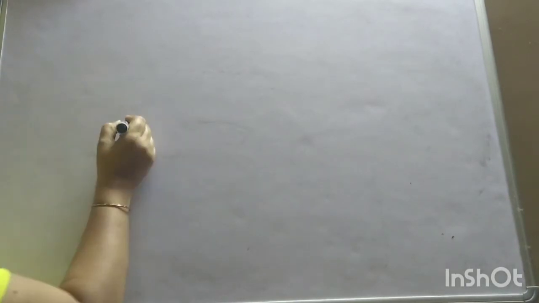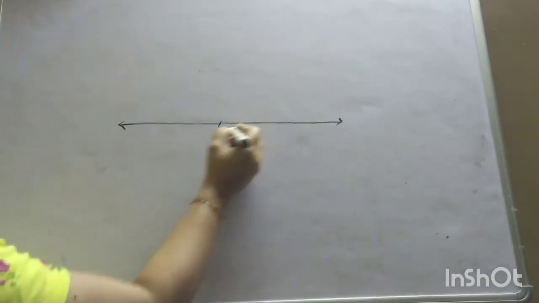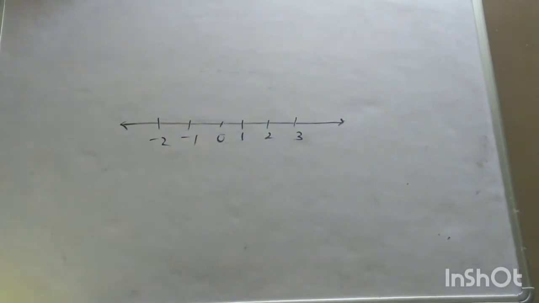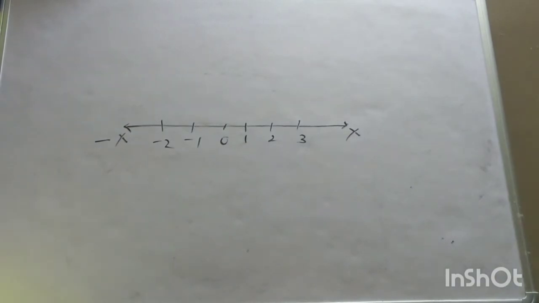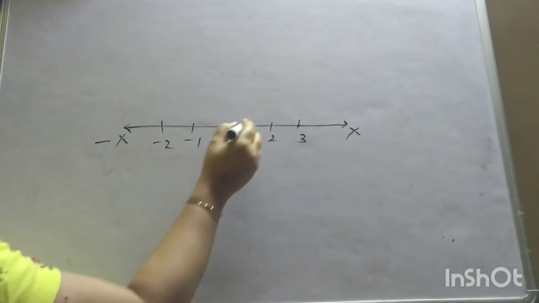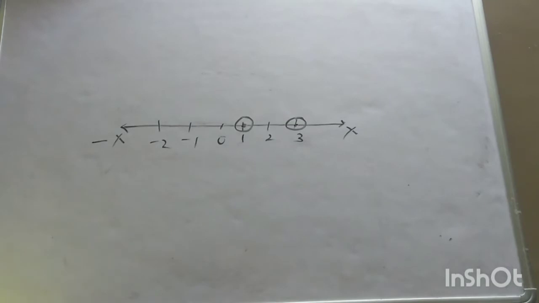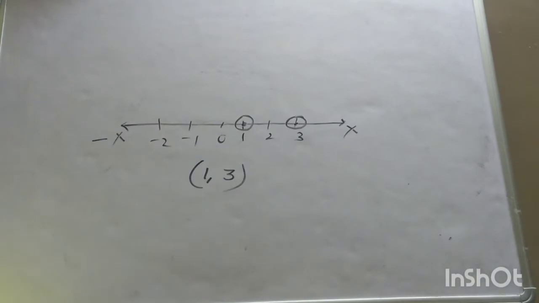Now, this is the number line: 0, 1, 2, 3, minus 1, minus 2. This is positive x, negative x. If any real number lies between 1 and 3, but not including 1 and 3, then we can write it as (1, 3) in open interval.